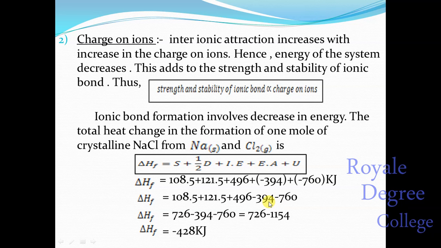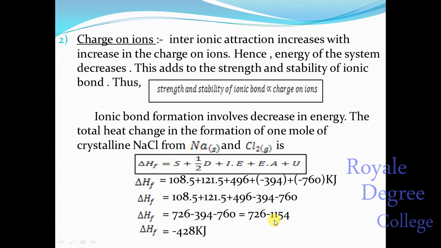Now in the next step we are adding these three values, so you will get 726, then minus 394, minus 760 as it is. Now we are adding these two values, that is minus 394 minus 760, so we will get the value as minus 1154.